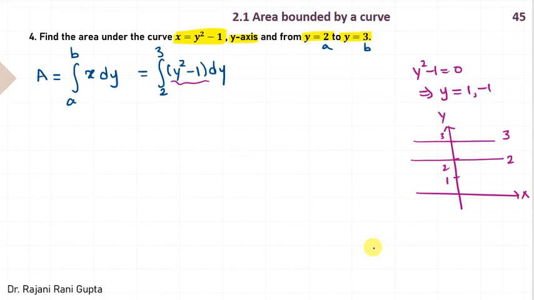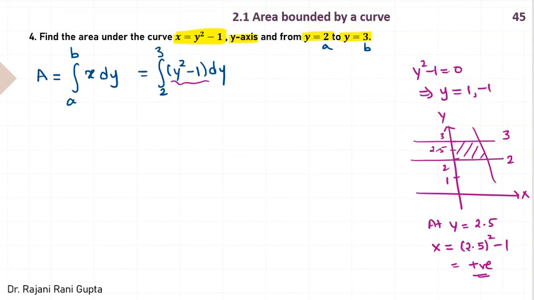So let's take a point in between, say 2.5. So at y is equal to 2.5, check what the value of x will be. Is it positive or negative? So it will be 2.5 square minus 1. So definitely it is positive. So your curve is on this side. So your area will be the same. You don't have to take the modulus.